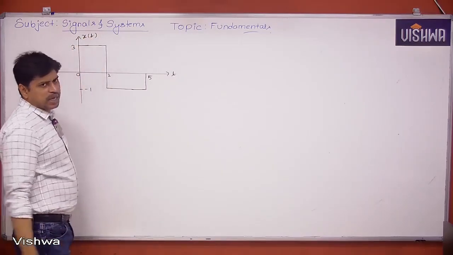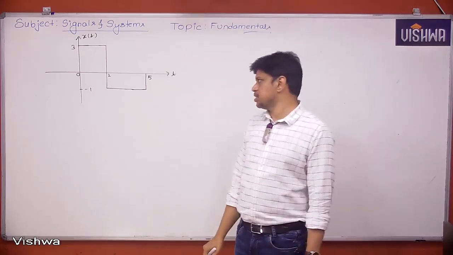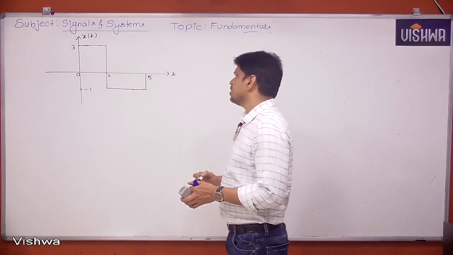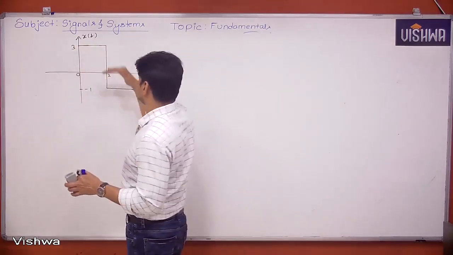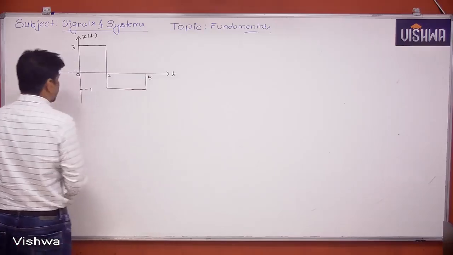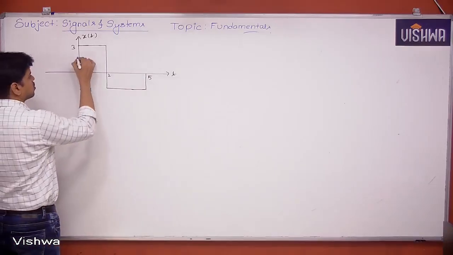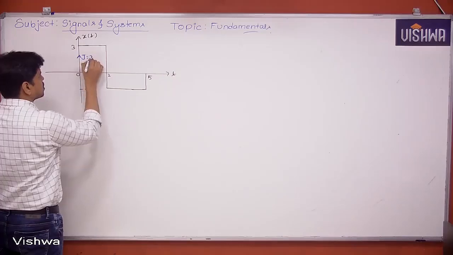We have to calculate x of t expression and draw dx of t by dt. So here we don't have any corner points because there is no slope change. Everywhere slope is 0, 0, 0, 0. So there is no slope change. So we are having only jump values. So at 0 there is a jump 0 to 3. Jump is equal to 3.